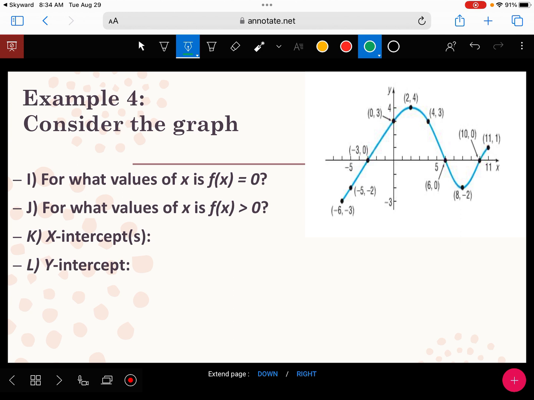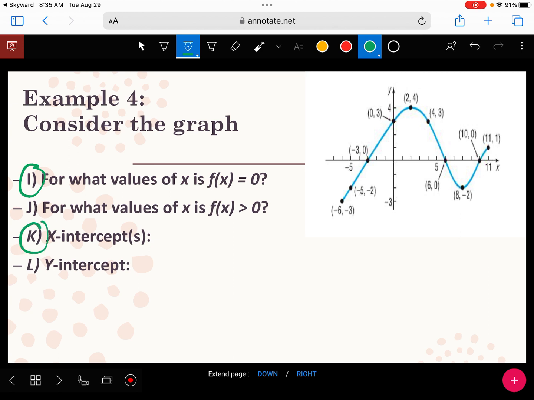All right, two of these questions are asking the same thing. Does anybody want to take a guess? Which two questions are asking the same thing? First and second. K and not L, I. These two questions are asking the exact same thing.